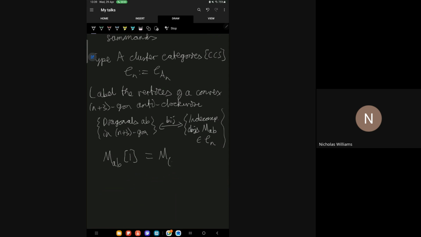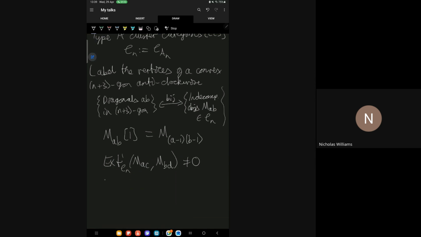So yeah, the cluster category is triangulated, so it has this shift functor. This corresponds to M_{A-1,B-1}. And furthermore, this description of the objects allows you to tell when Ext^1 is non-zero. So this happens if and only if AC and BD cross.